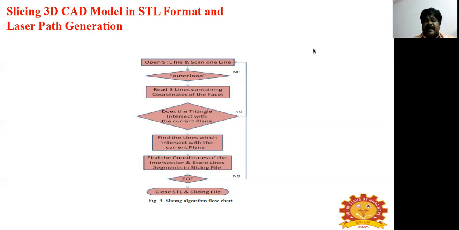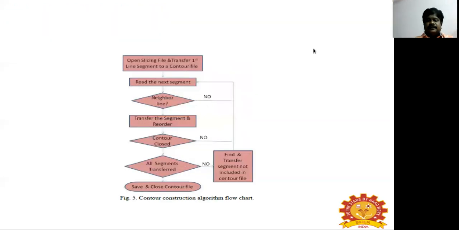If yes, we find the coordinates of the intersection and store the line segments in the slicing file. If it is the end of the file, we close the STL and slicing file. This is the slicing algorithm flowchart.